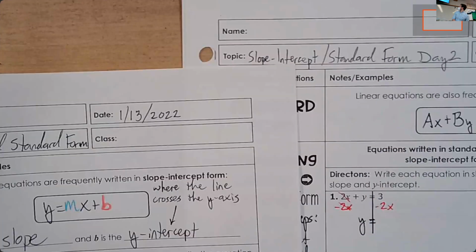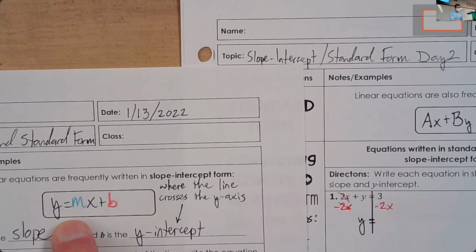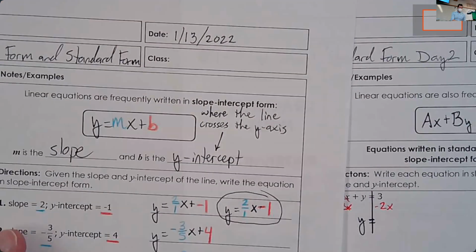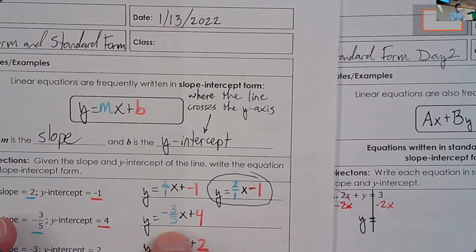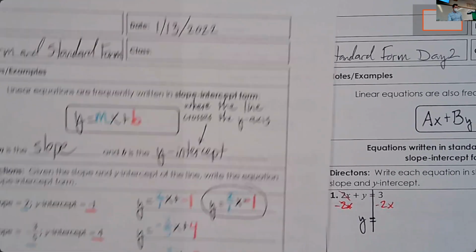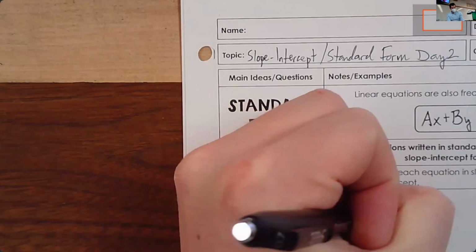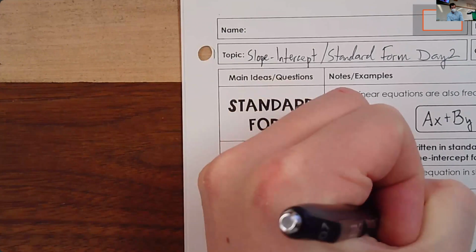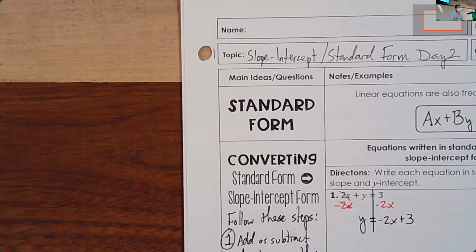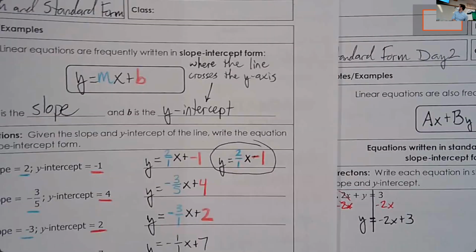Term with x first, okay. So instead of writing 3 minus 2x on the next line, I'm going to write negative 2x, and that's a positive 3, so plus 3. We're arranging it to look like slope-intercept form.